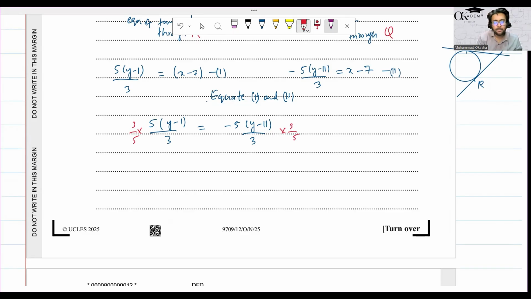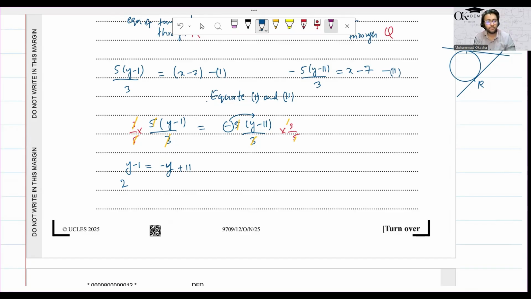So that leaves me, 3 cancels out, 5 cancels out. Very, very carefully, I'll be left with y minus 1 equals, there's a negative outside, make sure that you're multiplying that inside, negative y plus 11.